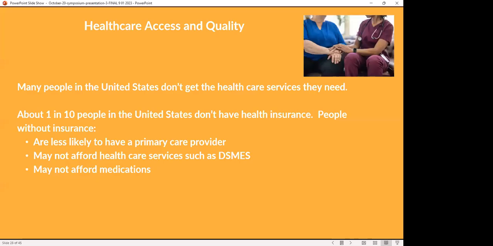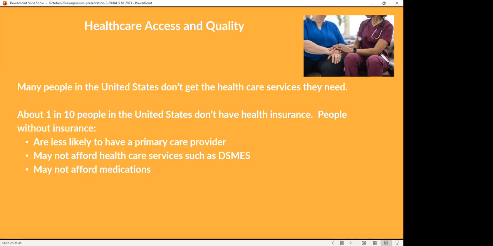So strategies to increase insurance coverage are really critical to make sure that more people get important healthcare services and sometimes even preventive care and treatment for chronic illnesses. For example, we're talking about now we have vaccines.